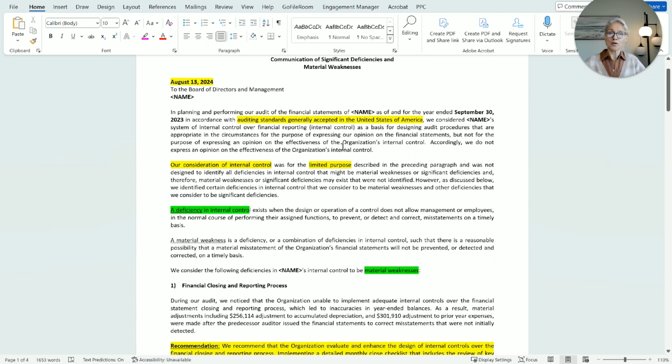Work on that with your team, with the board, with the bookkeepers to improve the system of internal control. Again, it's not the auditor's job to audit the system of internal control or issue an opinion on it. But during our work, when the auditor comes across some corrections, adjustments, or very obvious inefficient control procedures, it's our requirement to communicate it to the management. And as a result, we issue a communication letter of significant deficiencies, material weaknesses, and other deficiencies.